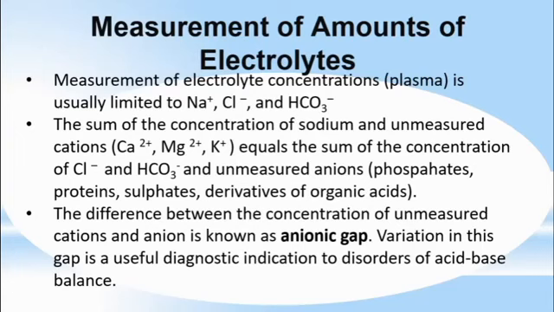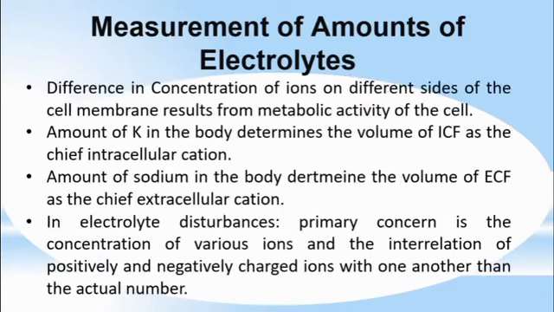The difference between the concentration of unmeasured cations and anions is known as the anion gap. Variation in this gap is a helpful diagnostic indication of disorders of acid-base balance. Difference in concentration of ions on different sides of the cell membrane results from metabolic activity of the cell.